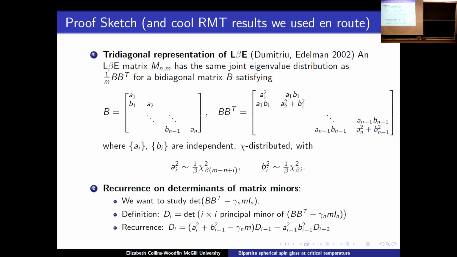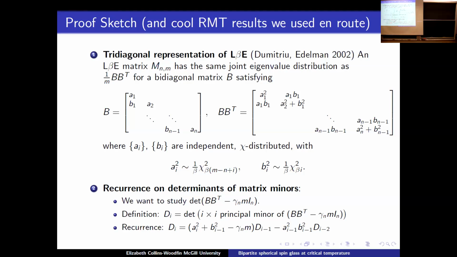What we're looking to analyze ultimately is a determinant. More specifically, the determinant of this tridiagonal matrix that we got up there, minus a multiple of the identity matrix. So what we can do is make a recurrence on the matrix minors.